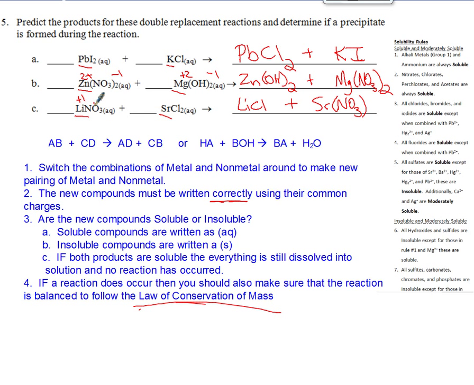Lithium's a +1, nitrate's a -1, strontium's a +2, chlorine's a -1. If you're wondering where I'm getting these charges from, like how do I know strontium's a +2 and all that, you need to go back and review common charges for the periodic table. That is a must-have for the exam.